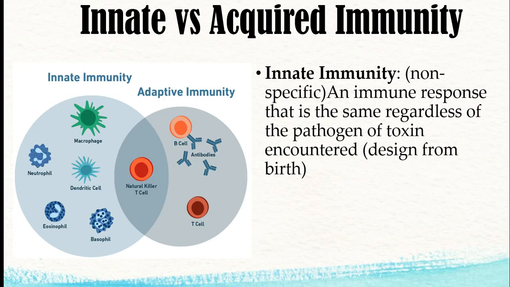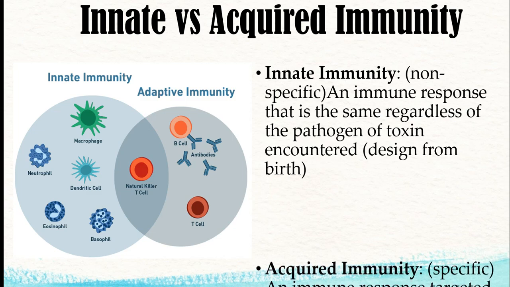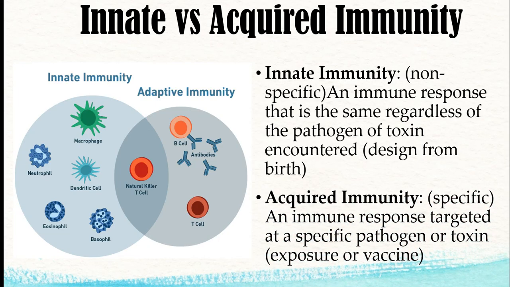All right, innate immunity is non-specific, okay? That means it's going to respond to things in a general sense. It's the same regardless of the pathogen or toxin. It's designed from birth to protect, all right? Whereas acquired immunity becomes specific. Now that takes a little longer. Notice it's called adaptive up here for some reason, okay?